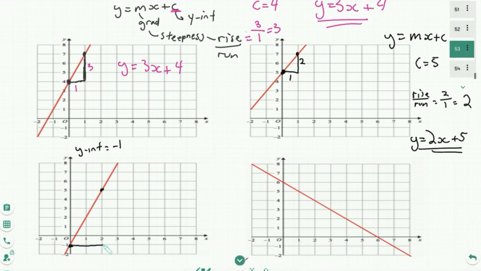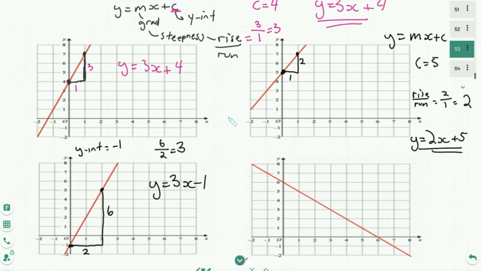We'll make a triangle. The rise is 1, 2, 3, 4, 5, 6. The rise is 6. The run is 1, 2. So rise over run, 6 divided by 2 is 3. And therefore our equation is y equals 3x, where 3 is the gradient, and the y-intercept is -1. Last one, guys.